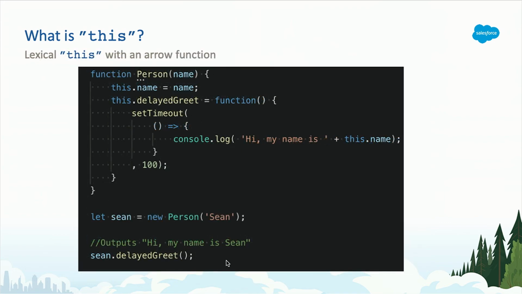In this version of the method, all I've done is replace it with an arrow function. Instead of using the word function, I have the arrow function here. When I call delayedGreet off of Sean, it actually outputs, hi, my name is Sean. Why is this happening? Well, arrow functions have what is called lexical this.